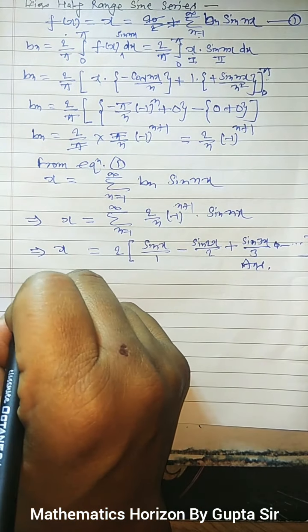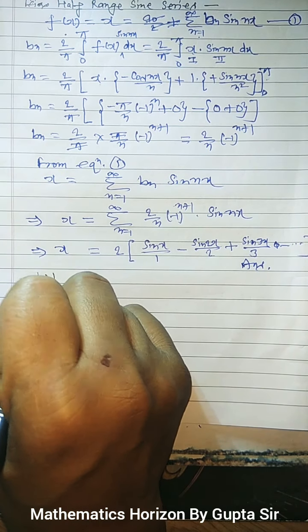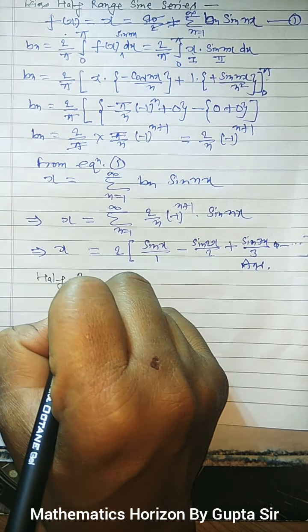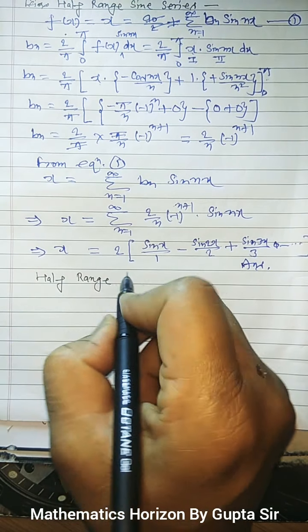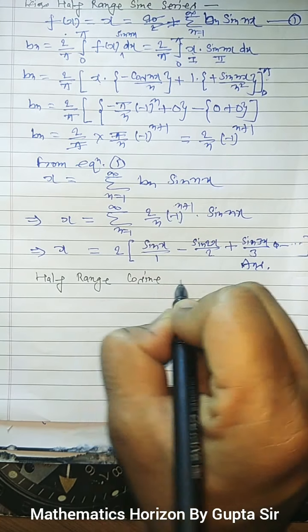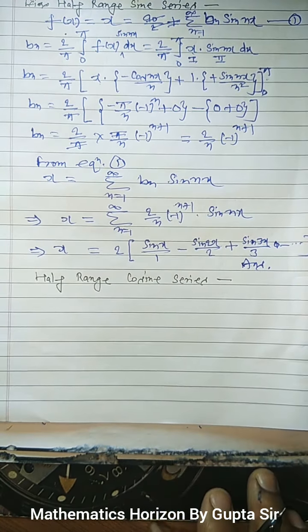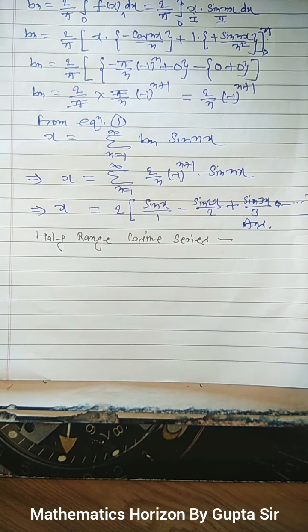Now next we find out half range cosine series for the given function.